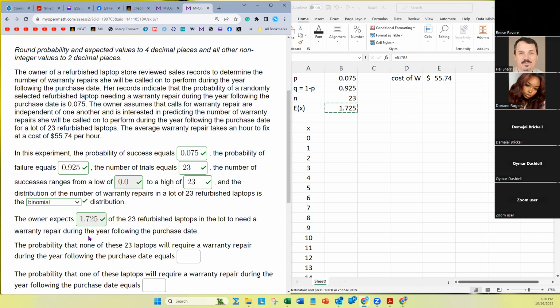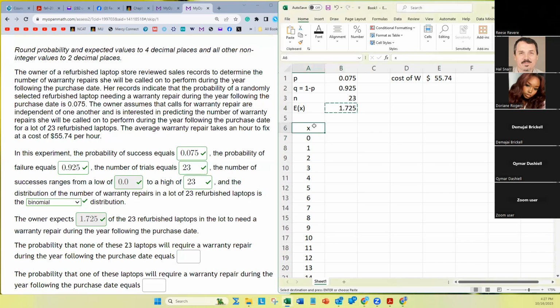Now the probability that none of these 23 laptops will require warranty repair during the year following the purchase date equals what? Well, that's this outcome here, right? What is X?